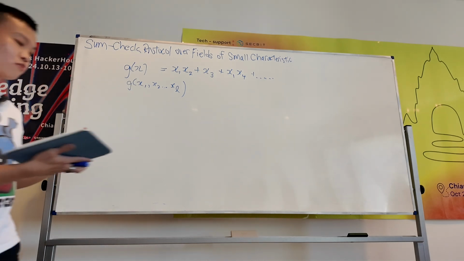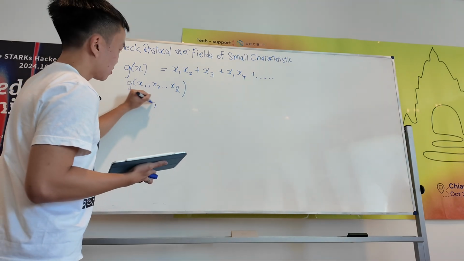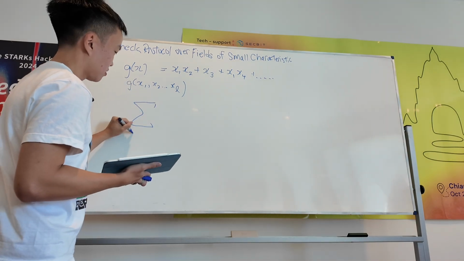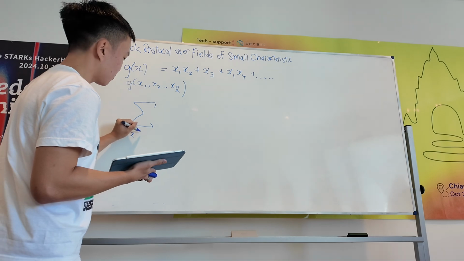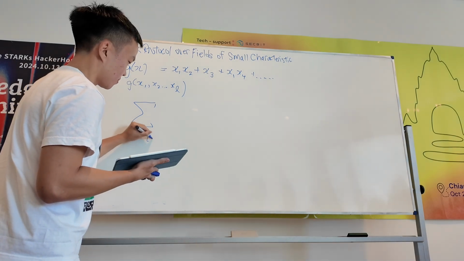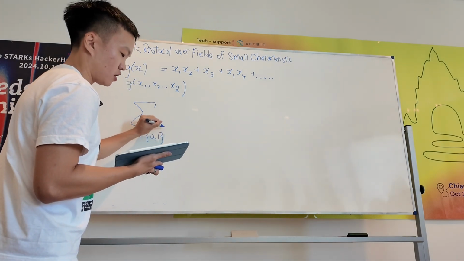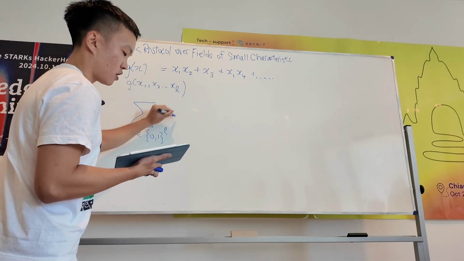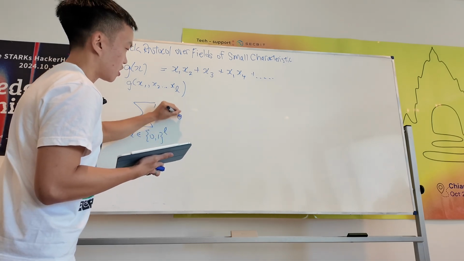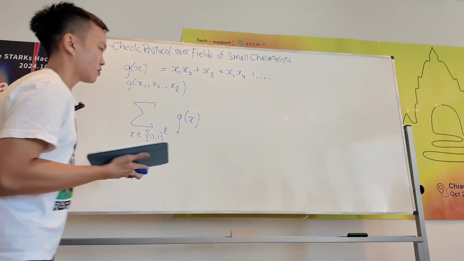So usually the goal of Sumcheck is to sum this up over a Boolean hypercube, which essentially means that the variables can take 0 and 1.